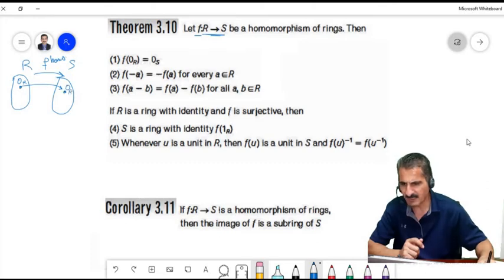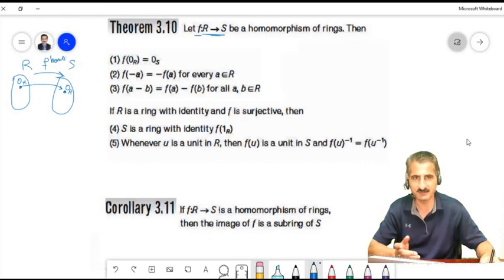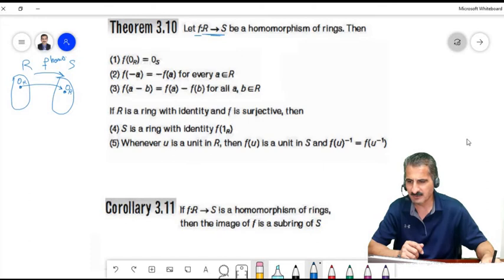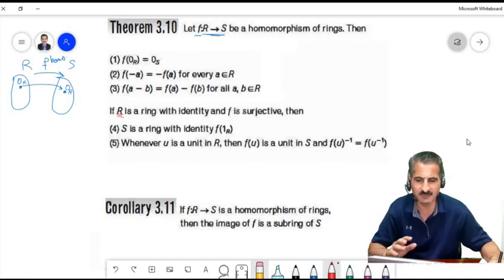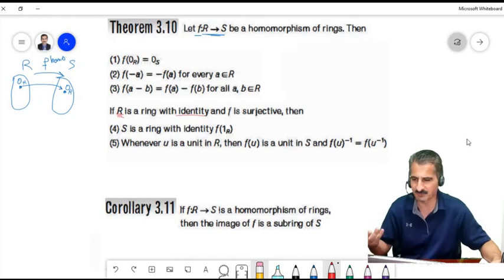Now you may ask me, does it take the identity to the identity? We will say yes, in part 4 here, it will take the identity, but there is one restriction for it. If the ring in the domain has an identity, so we require an identity in R to make that question correct.